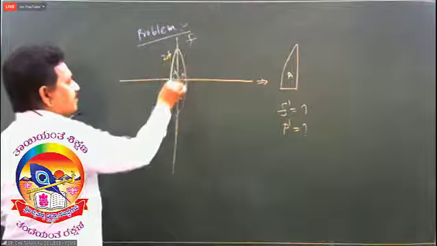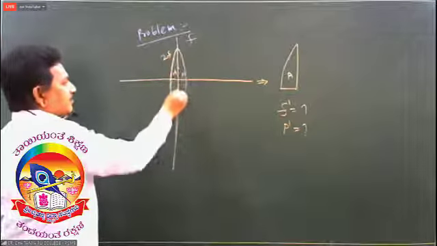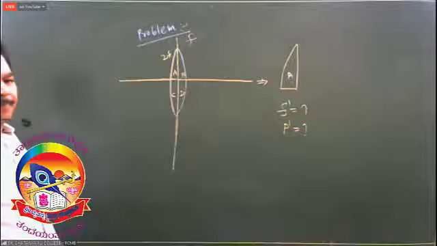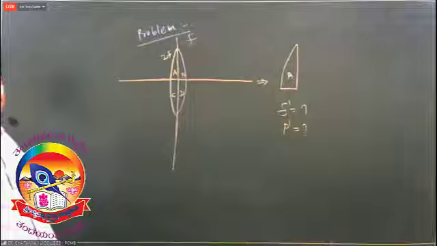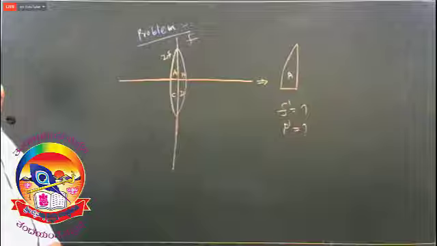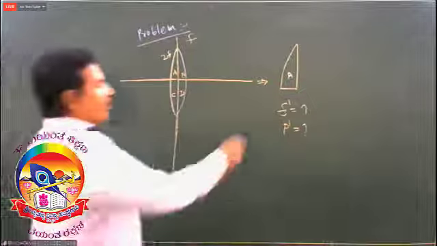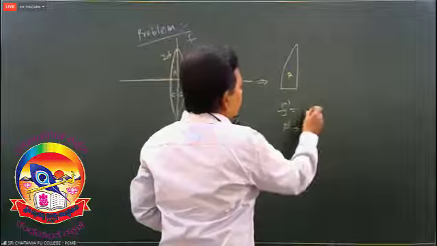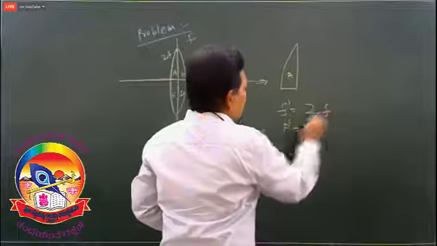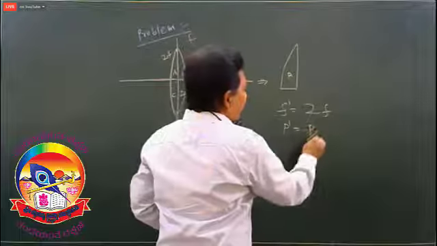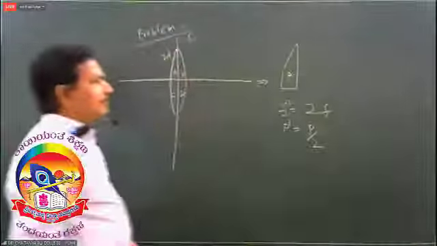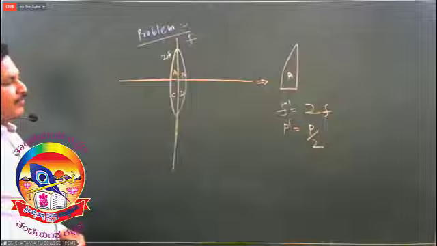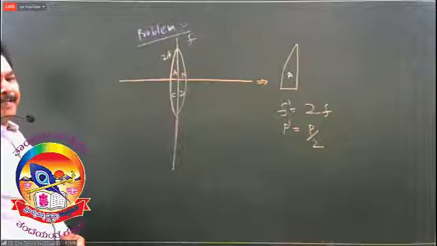Then it was divided into two pieces parallel to the principal axis. The focal length will not change. Therefore, the focal length of this piece is 2f. What is the power? P by 2.